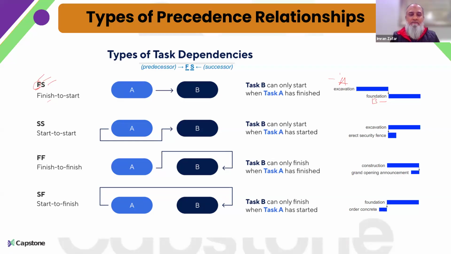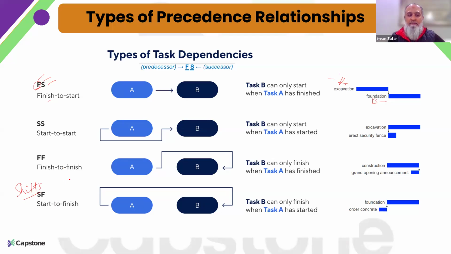So this could be an example of finish to finish, and the last one is start to finish, which is that activity B can only finish once activity A has already started. A very common example of this can be seen where we have shifts.